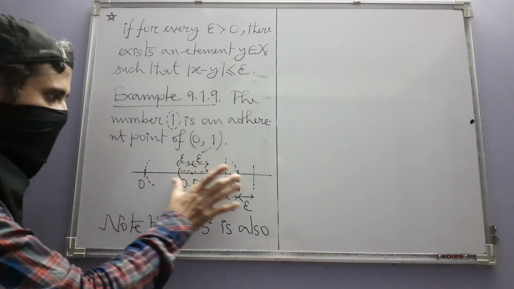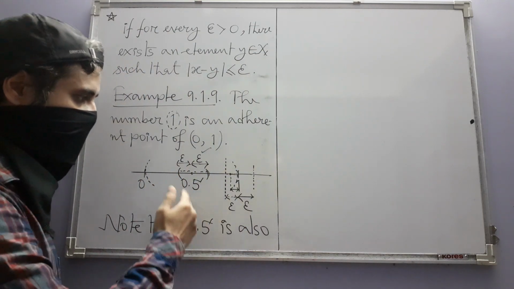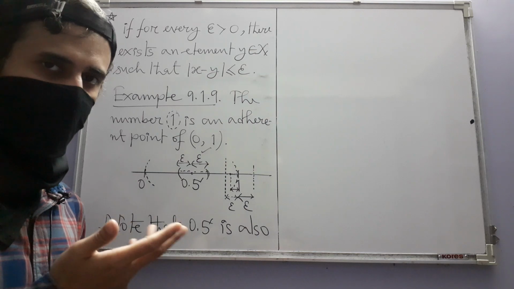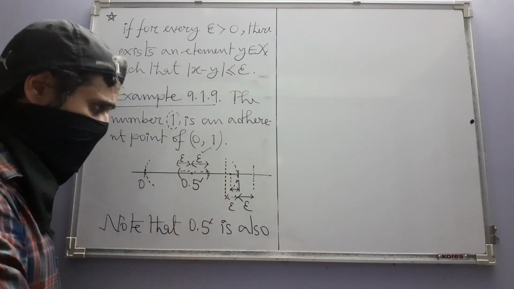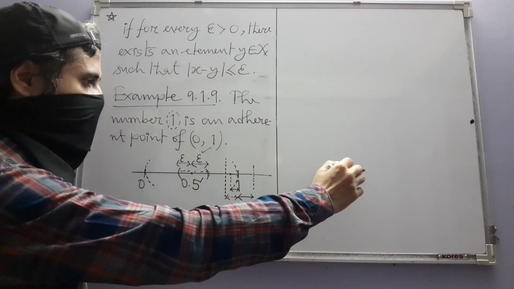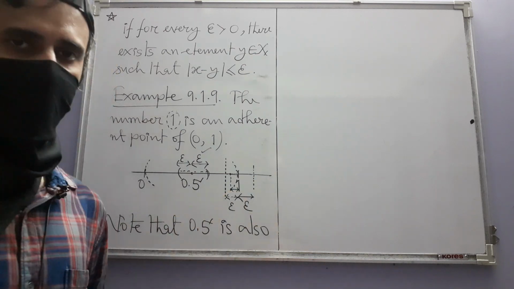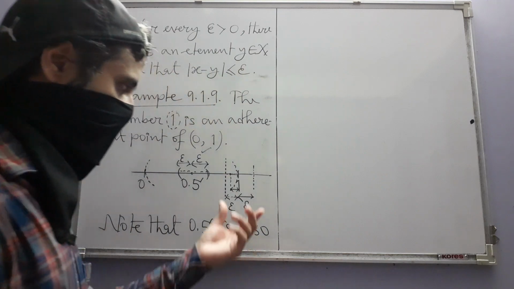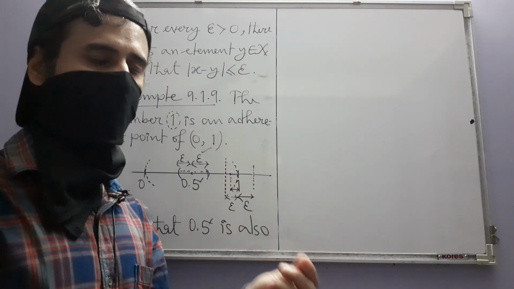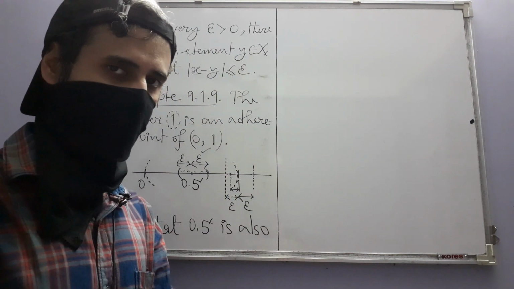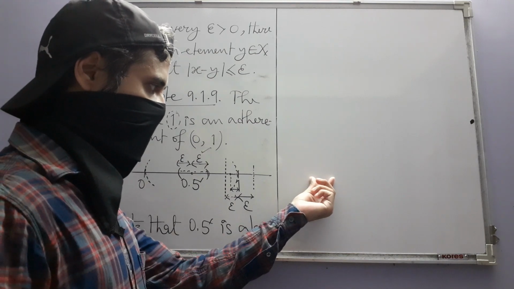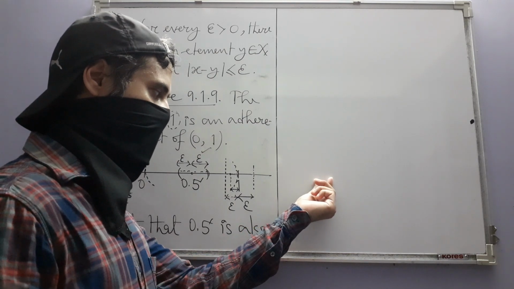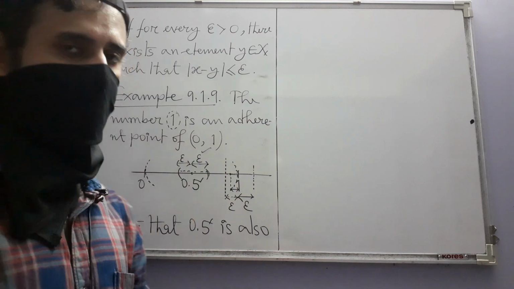But points which clearly are somewhat far away from the set, in a vague sense, for example, if you think of 2, 2 cannot be an adherent point of this set. That's because you can choose a region around 2 sufficiently small so that there is no possibility of that region intersecting the given set.